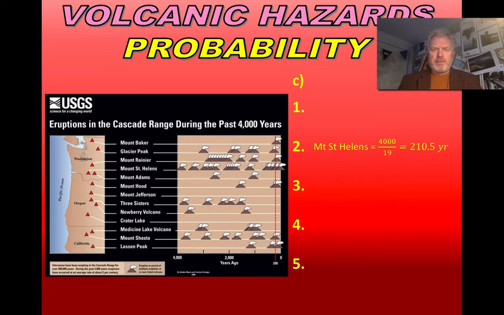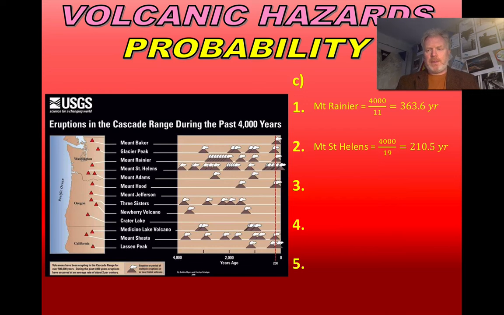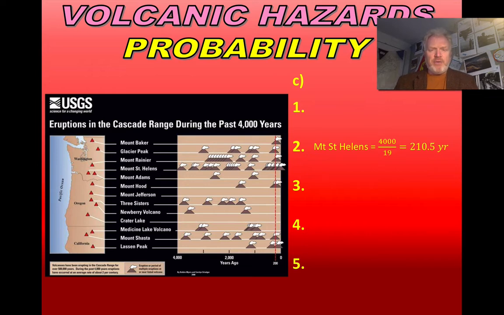If we look at the other four volcanoes I asked you to focus on, Mount Rainier has a recurrence interval of about 363.6 years.